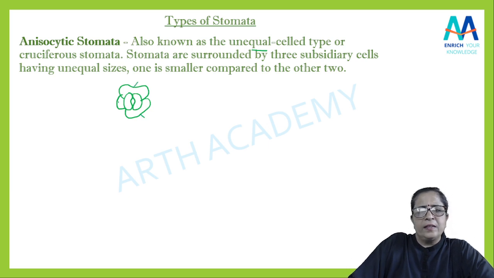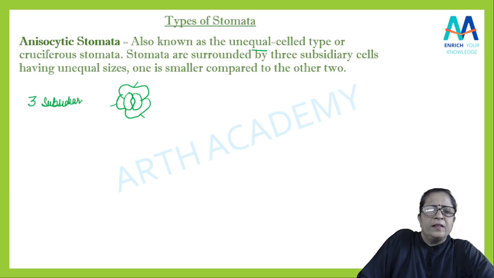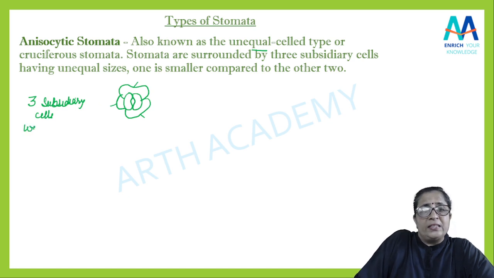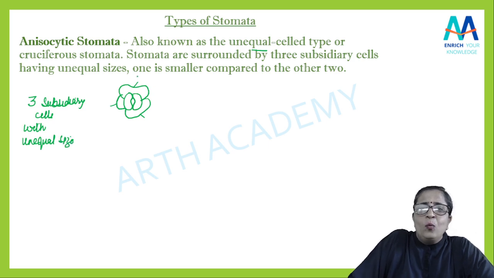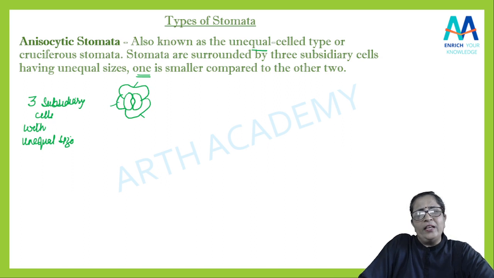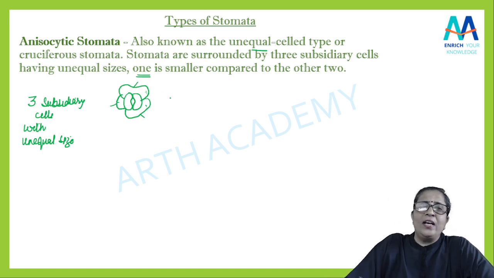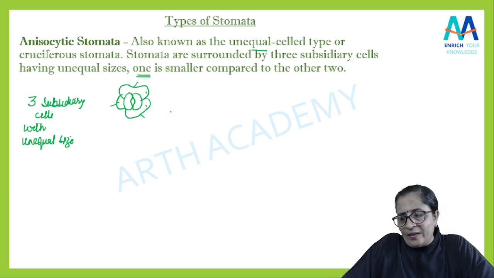Yes, so there are 3 subsidiary cells, but with unequal size. Yes, one is smaller as compared to the 2 others. देखो ये छोटा है ये दोनों के compare से. Yes, one is smaller than the other 2. So such are called anisocytic stomata.